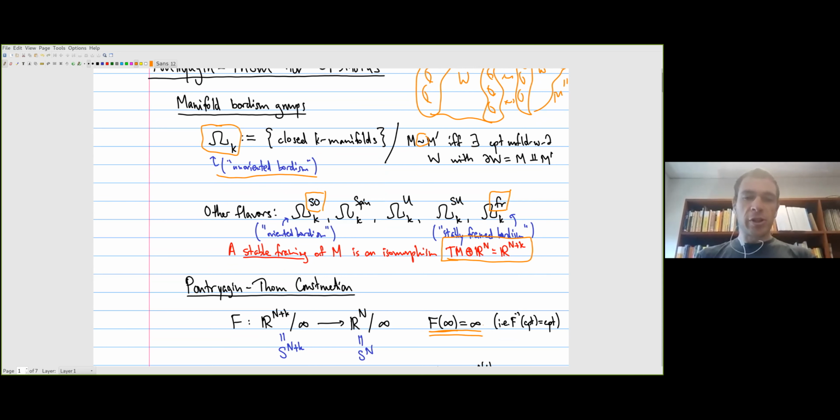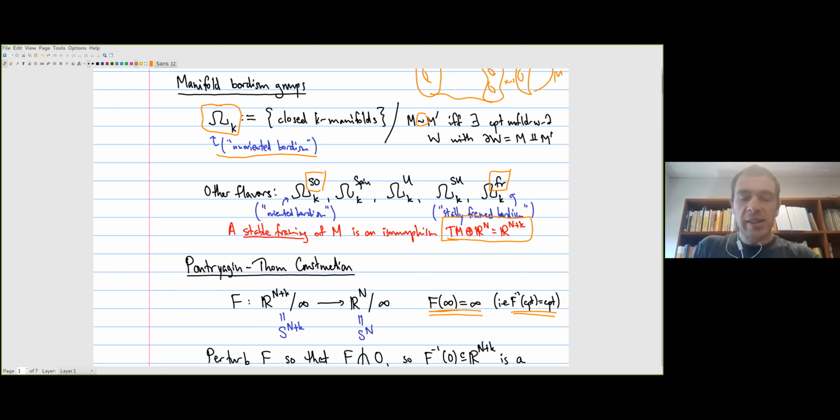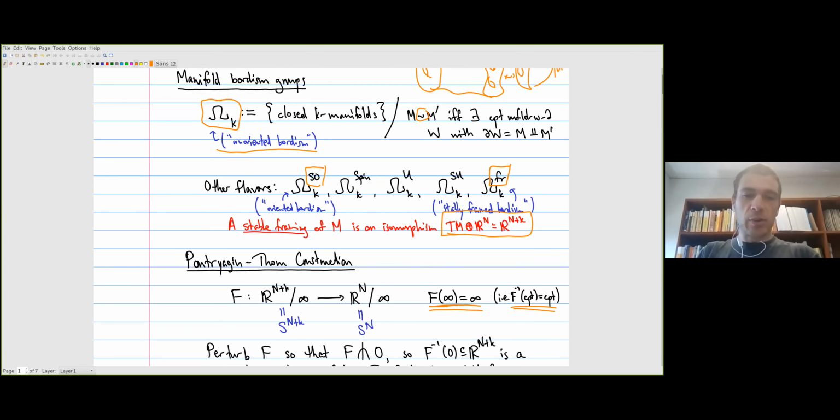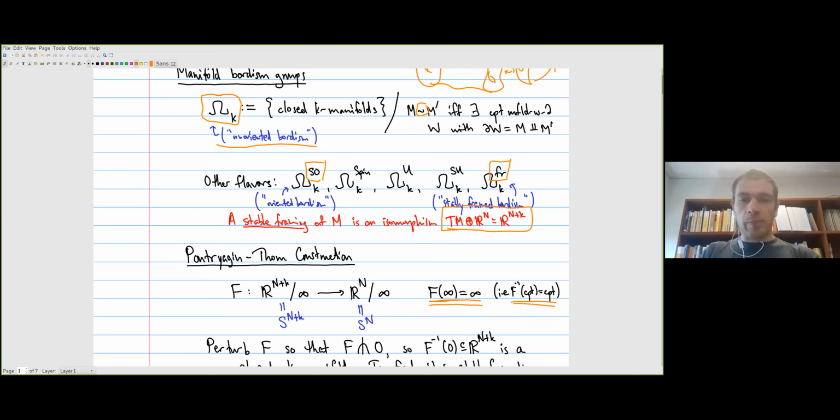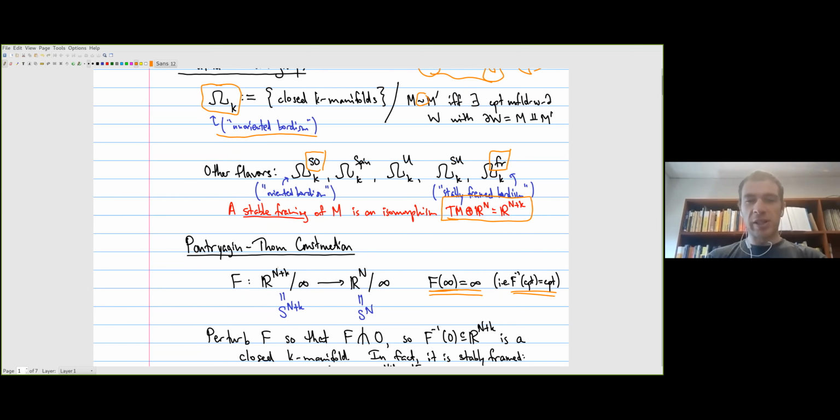If you prefer just thinking about maps from R^(n+k) to R^n and forgetting about infinity, that just means we have some map from R^(n+k) to R^n which is proper, so the inverse image of a compact set is compact. If we have such a map, we can take the inverse image of 0. If we first perturb f so that it's generic, then this inverse image of 0 is going to be a submanifold. What's the dimension? It's n plus k minus n, so that's k. So it's a k-dimensional submanifold.